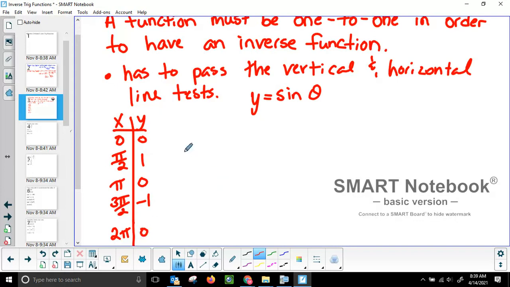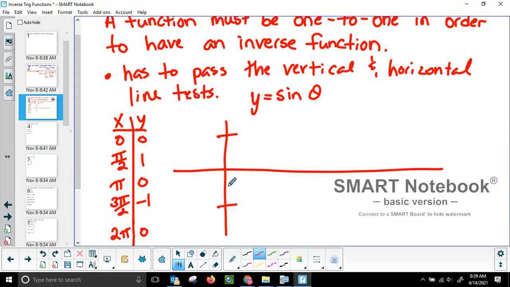All right, so if we just go ahead and graph this, this will be 1, this will be -1, and we can go 1, 2, 3, 4. All right, so this will be pi over 2, pi, 3 pi over 2, and 2 pi.